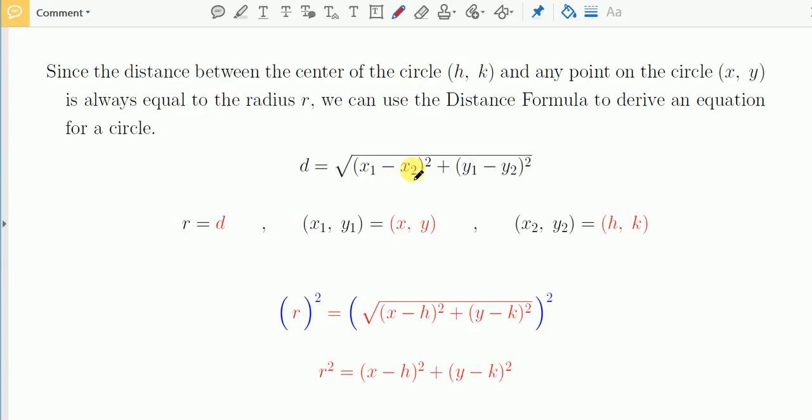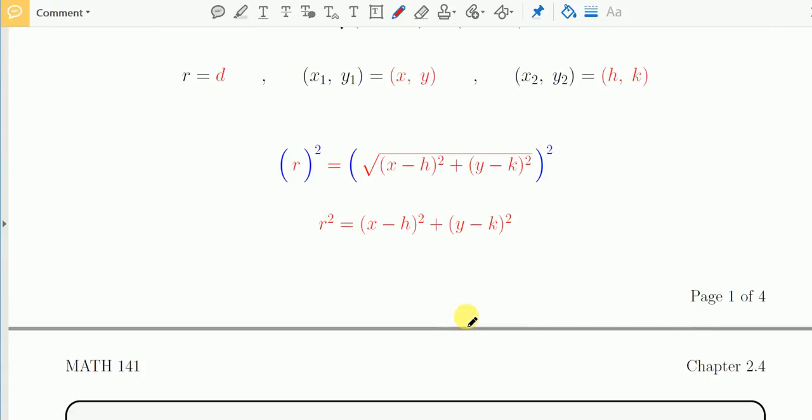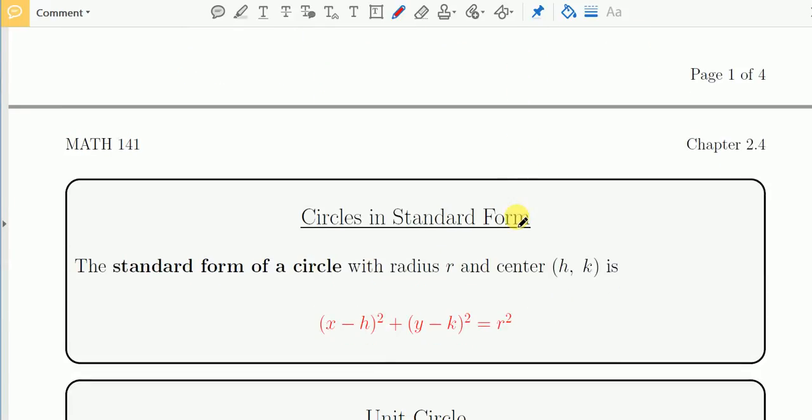Remember, x2 now is h and y2 is k, so therefore you can see (x minus h) squared plus (y minus k) squared. And this one is the formula for the circle: r squared equals (x minus h) squared plus (y minus k) squared.